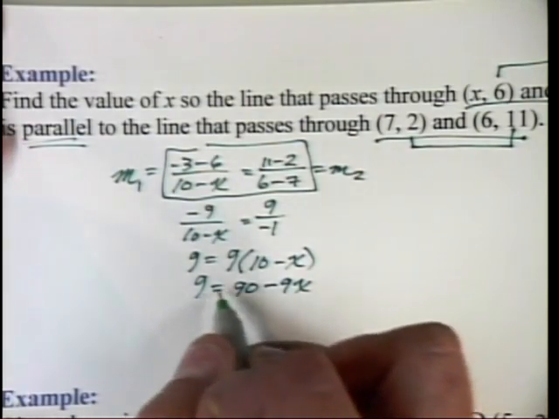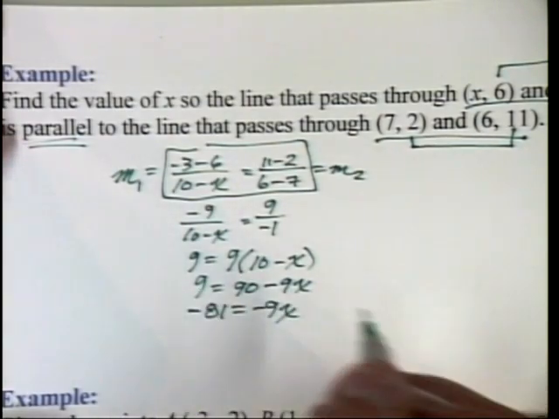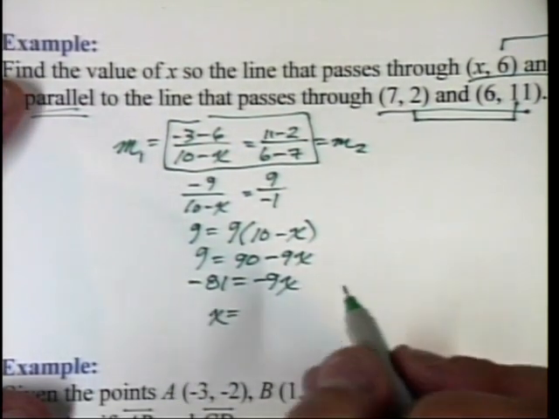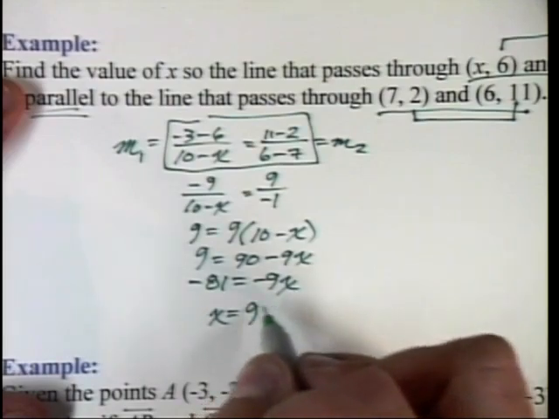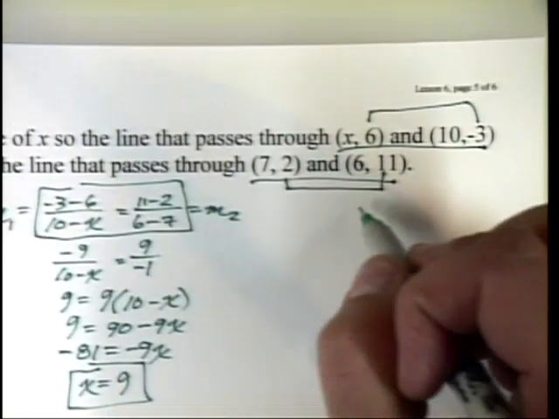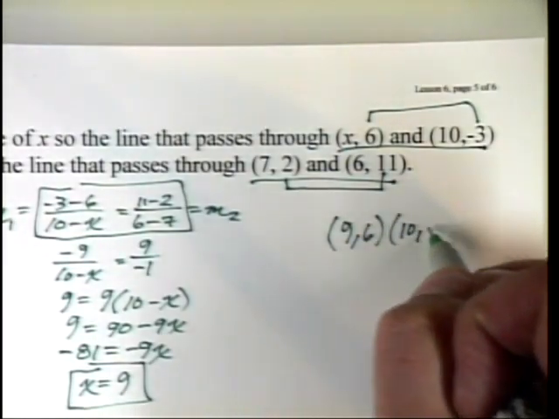Subtracting 90, I get 9 minus 90, which is -81, equaling -9x. And finally, dividing both sides by -9, I get -81 divided by -9, which is +9. And we found it. So that original ordered pair was the point 9, 6 combined with 10, -3.